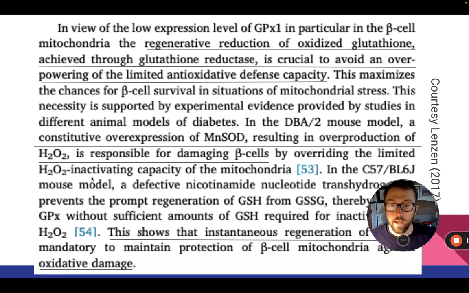Okay. And this creation, when they made that enzyme that made too much hydrogen peroxide, it led to beta cell dysfunction. Okay, so we have some fingerprints there on what's causing this beta cell dysfunction. It's that overabundance of ROS.